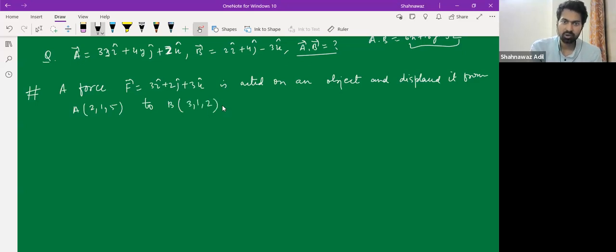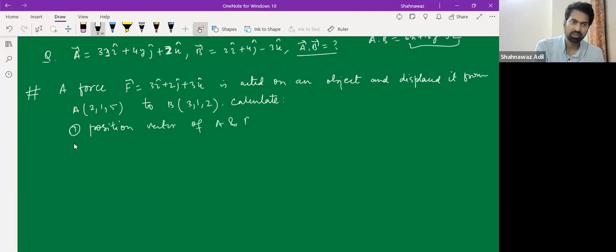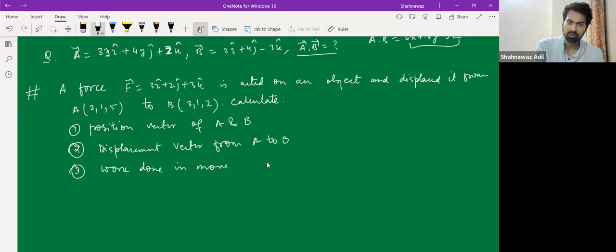Okay, so you guys need to calculate the position vector of A and B. Secondly, the displacement vector from A to B. And thirdly, the work done in moving that object.